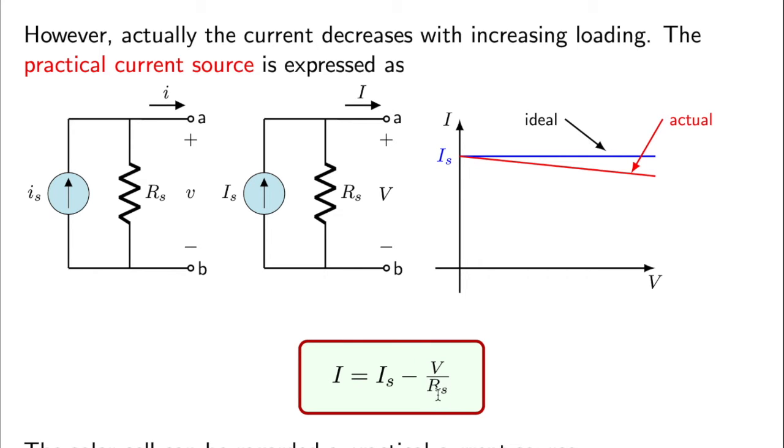Here the internal resistance is represented in parallel with the current source. Although a solar cell can be a practical example of a current source, when we connect a large inductor in series with a voltage source, it is emulated as a current source.